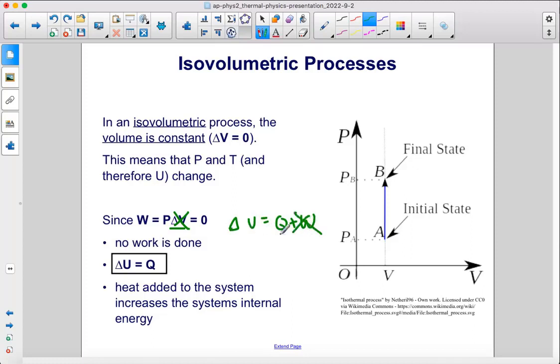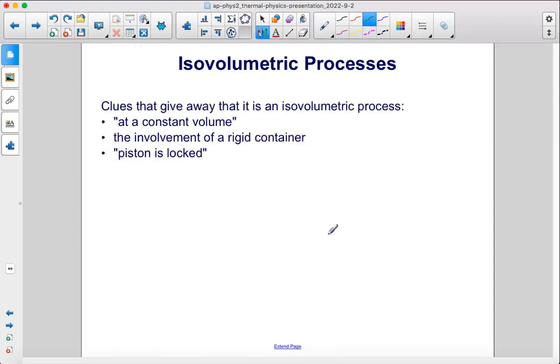There's no work. Therefore, the change in internal energy is the heat added. So heat added to the system increases the system's internal energy. Clues that give away that you're dealing with an isovolumetric process include at a constant volume, the quote, the piston is locked, and the involvement of a rigid container.